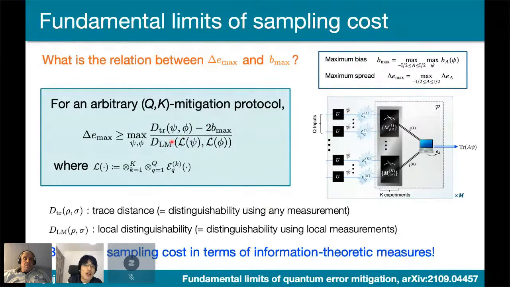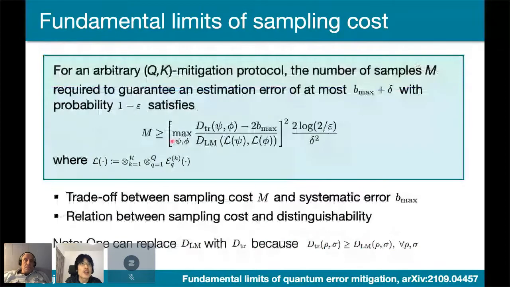This idea can be more clearly seen by this corollary, where I just apply Hoeffding's inequality to the previous result. So this is the precise relation between the sampling cost m and the estimation error. This is for an arbitrary quantum error mitigation protocol.